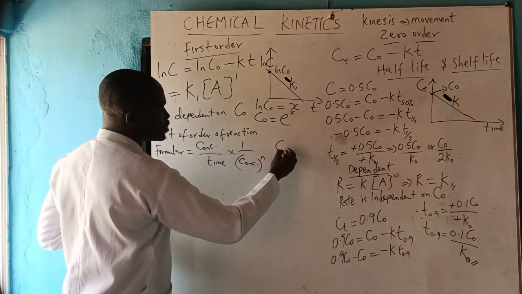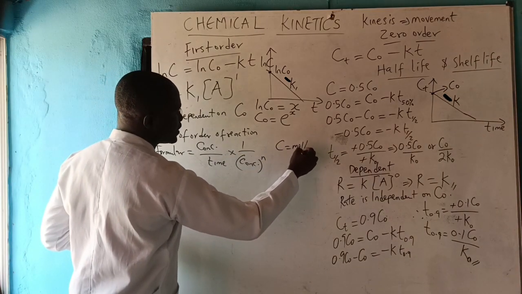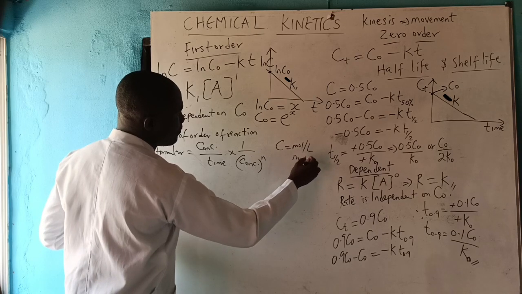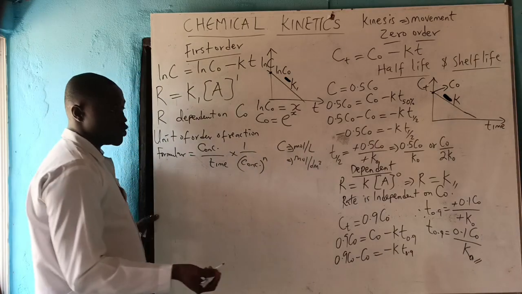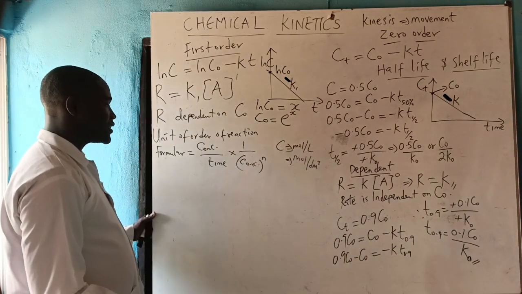Concentration can be in mole per liter or mole per dm cube. So which one do we use? We use any one. Let's use mole per liter.